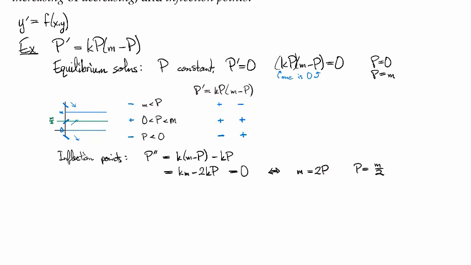That tells us that if we are below this line, the derivative is increasing as we come up to m over 2, so we're getting steeper and steeper. After we get up to m over 2, it goes back to flattening off again, like so.